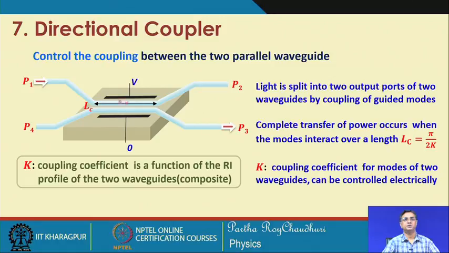Directional coupler, this is another very powerful device where the electro-optic effect is used to control the power output. We have seen that if you launch light into one of the ports, it can be split into two ports.